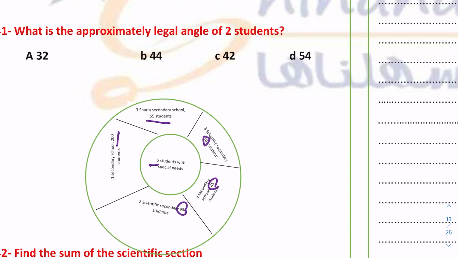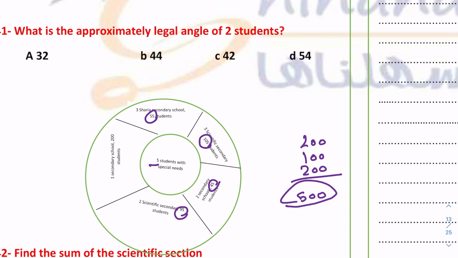I will add, okay? So you can see 105 and 95 will be 200, okay? Now 45 and 55 will be 100. And here we have also 200, so we have 500 students in all, okay?